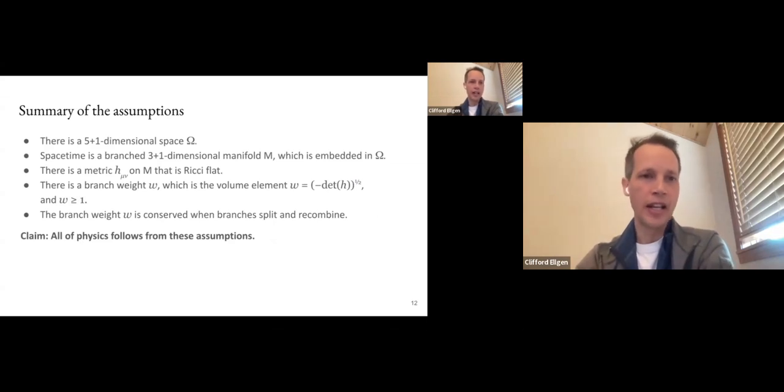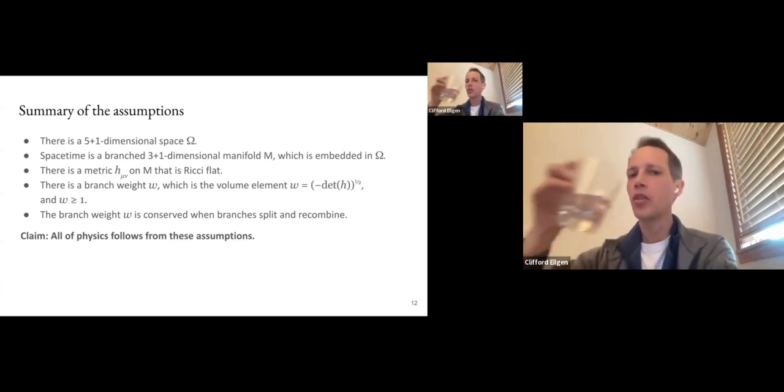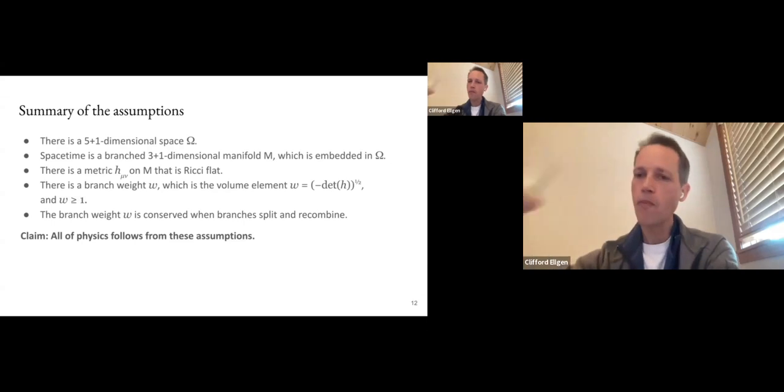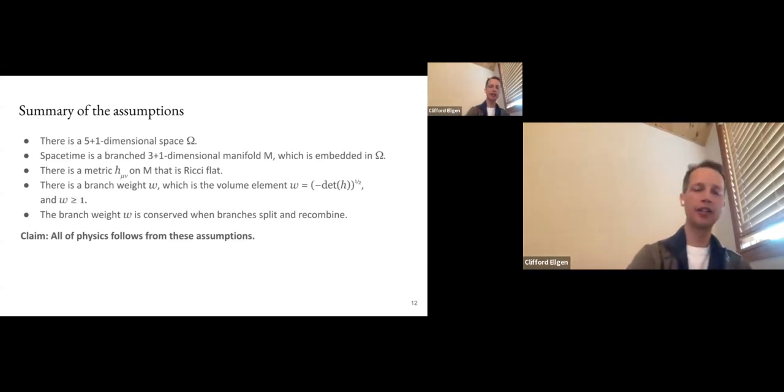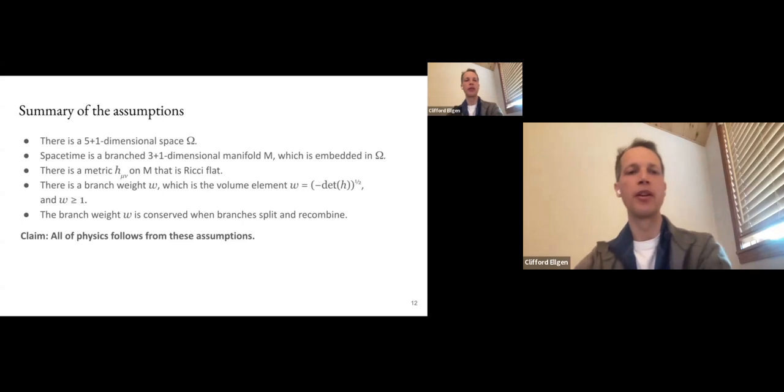So this is the entirety of the assumptions of the theory. We have this larger space, we're going to call it omega, and it has 5 spatial dimensions and 1 time dimension. We have a space-time manifold M, which is embedded inside omega. It has 3 spatial dimensions and 1 time dimension.